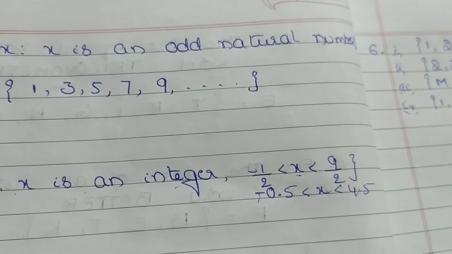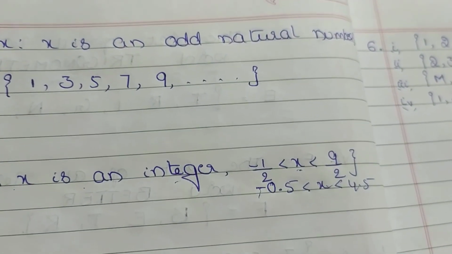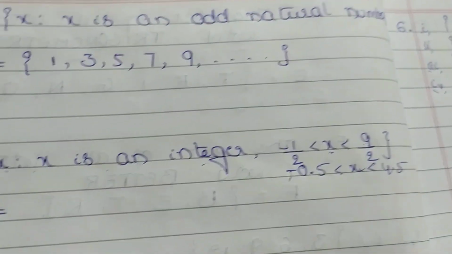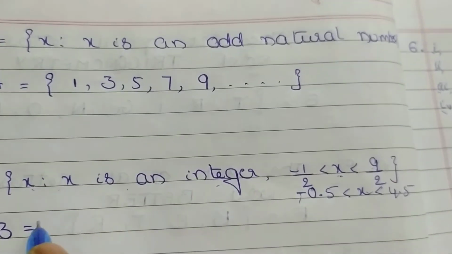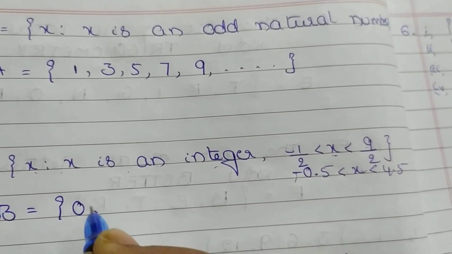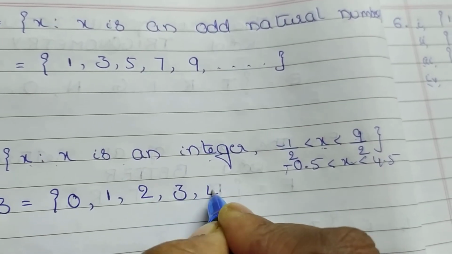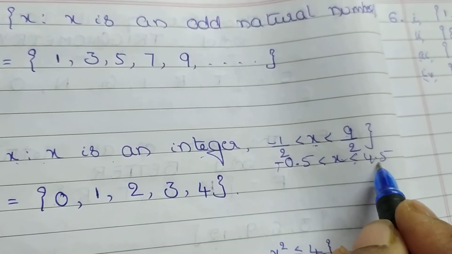We have to take the integer values, not the decimal values. They gave the decimal points here, so in between that, what are the integers we have to write? So it will be 0, 1, 2, 3, 4. Because it should be less than 4.5, so we have to take 4.